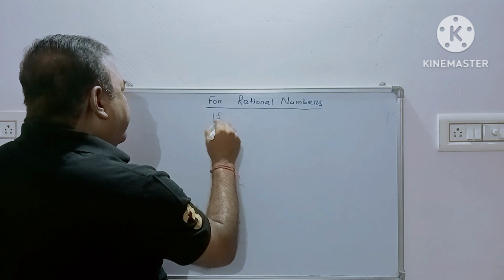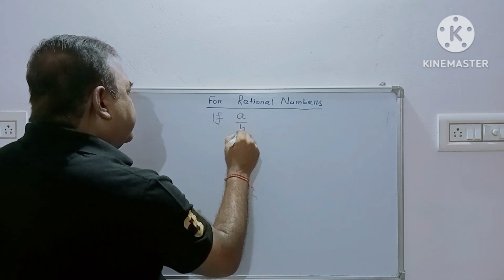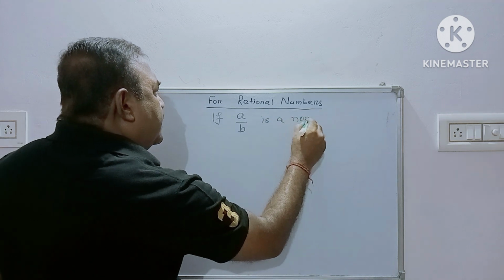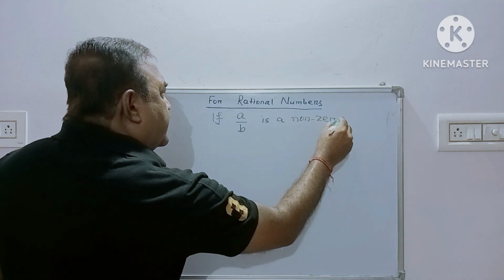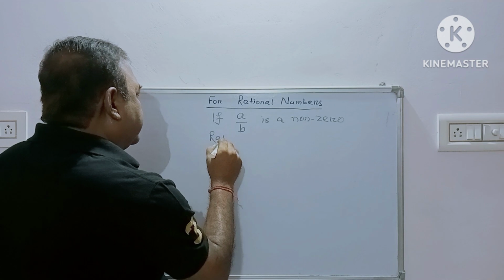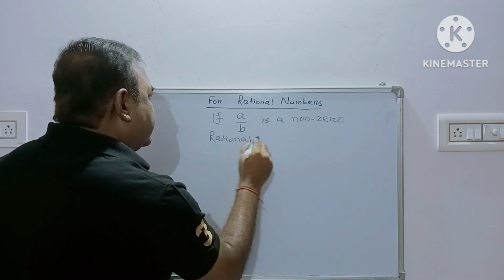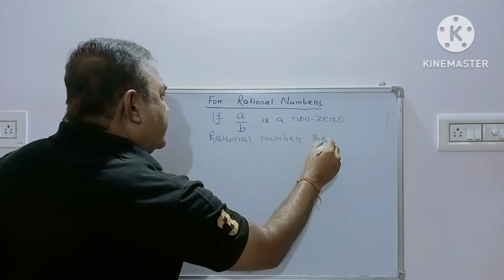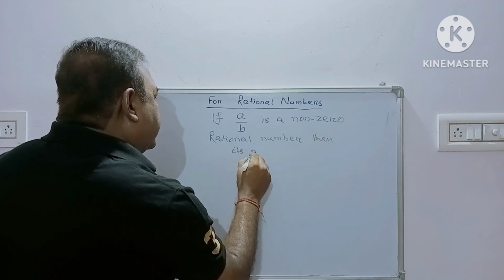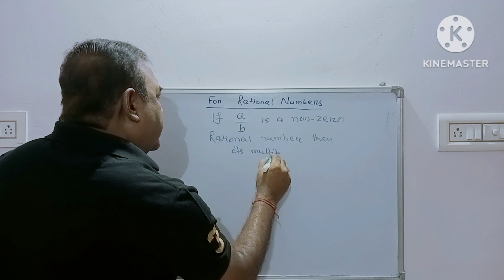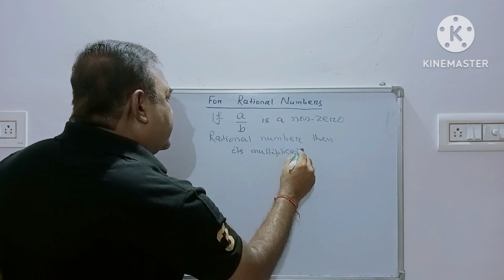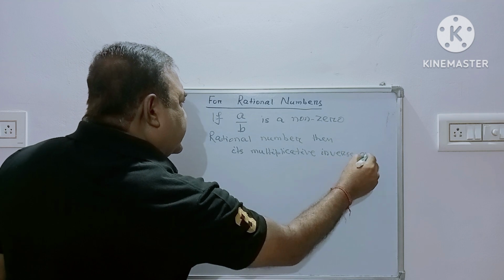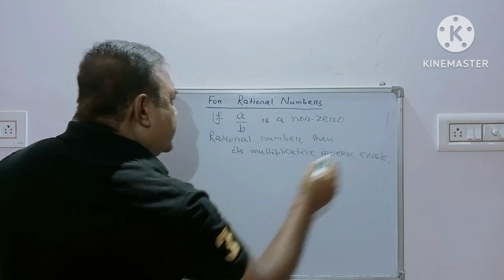So if A upon B is a non-zero rational number, then its multiplicative inverse exists, otherwise not.